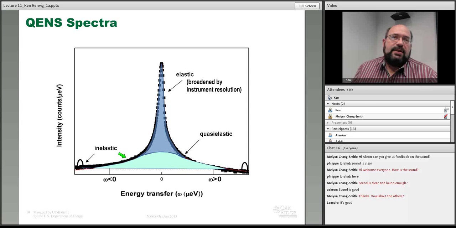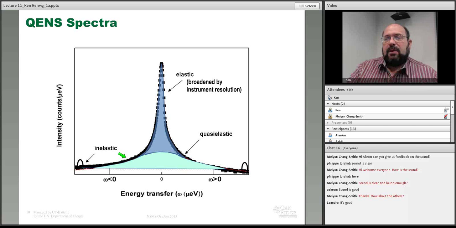So since energy transfer is the reciprocal variable to time, slow motions tend to appear very near the elastic peak. And so a slower motion will have a much narrower quasi-elastic component than a faster motion. Just like momentum transfer is the reciprocal variable to length. So large length scales mean small q's, and small length scales mean large q.